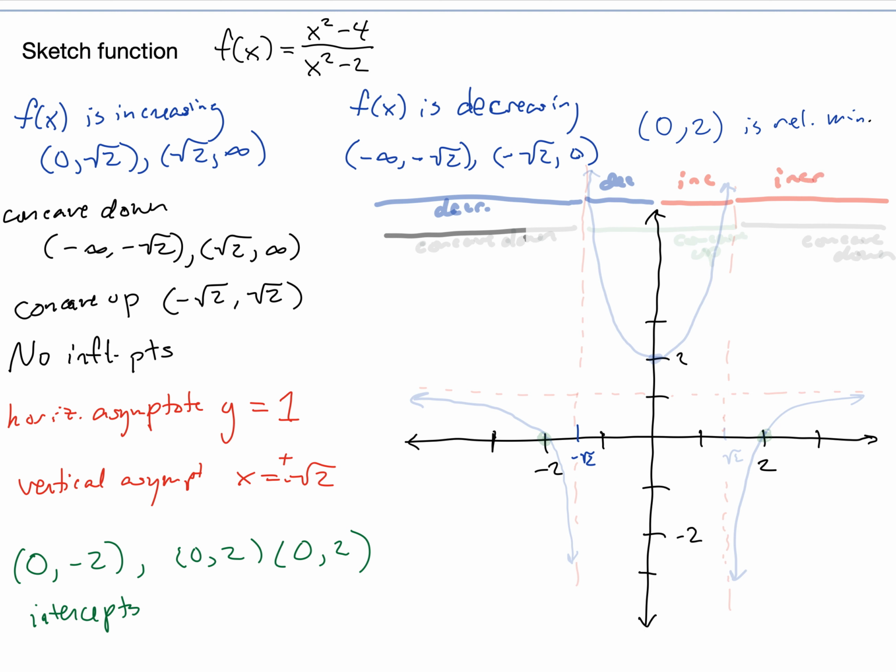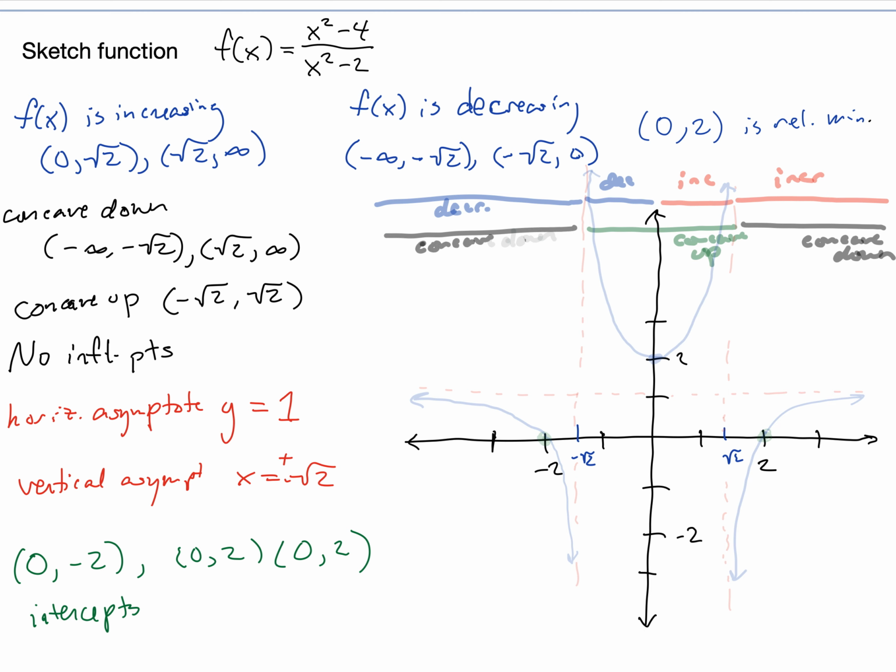So we can plot that point as well, negative square root of 2. What else do we know? We know that it's concave up over the interval from negative square root of 2 to positive square root of 2. And we know that we are concave down from square root of 2 to infinity, and from negative infinity to negative square root of 2.